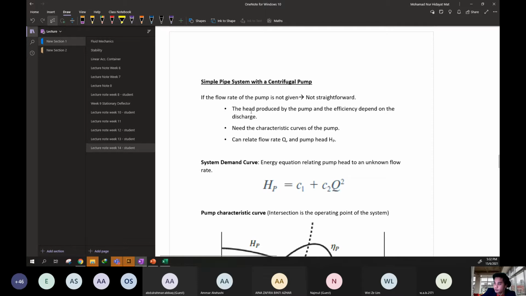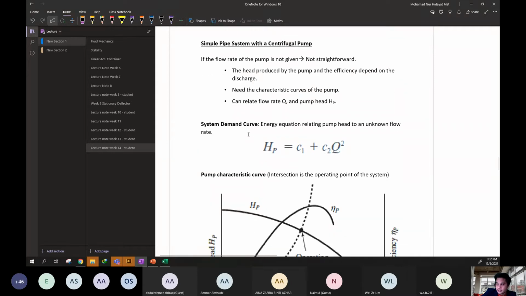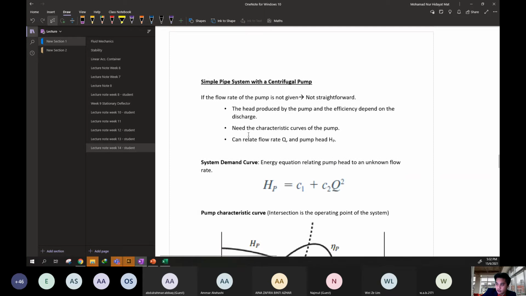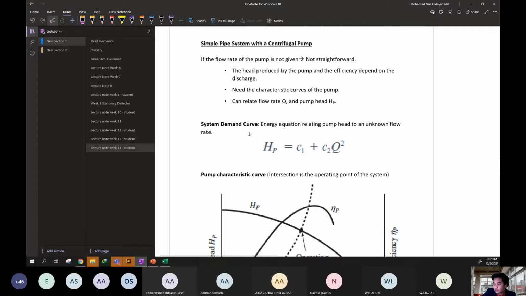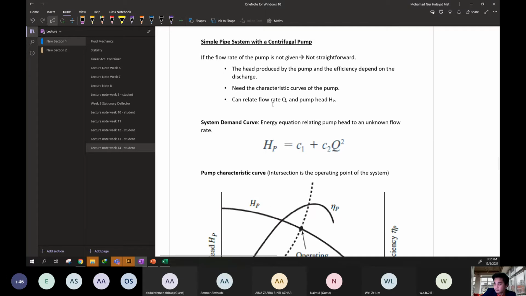The head produced by the pump and the efficiency depend on the discharge. So in order to solve this problem, we need the pump characteristic curve. The pump characteristic curve relates the Q and the head of the pump.